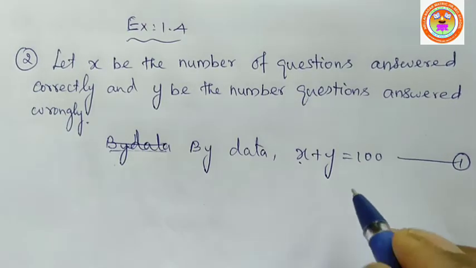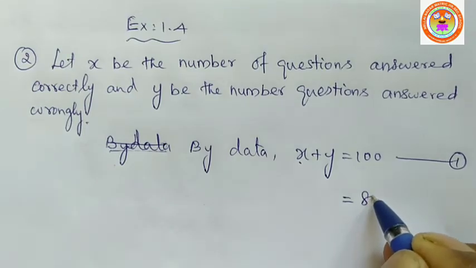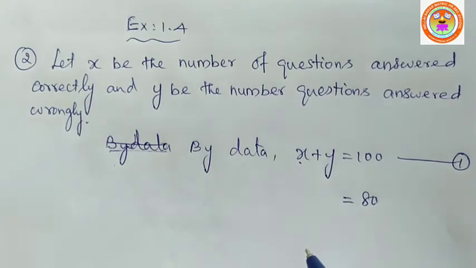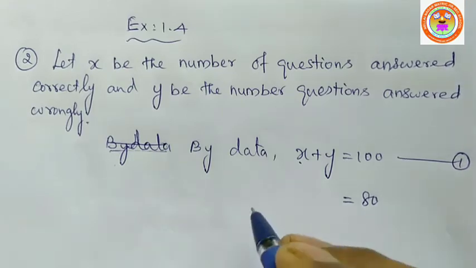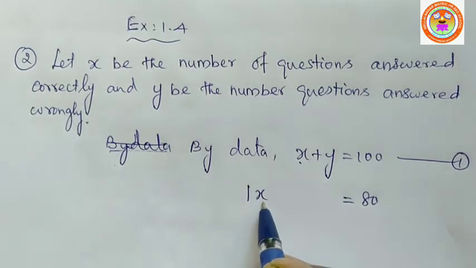See the second step, what is given? He scored only 80 marks. It is saying 1 mark is awarded for a correct answer and 1/4 mark is deducted for a wrong answer, right? That means 1 mark into x, where x is the number of questions answered correctly.